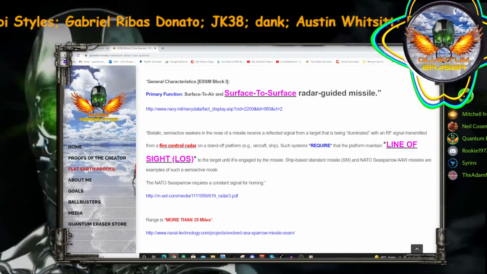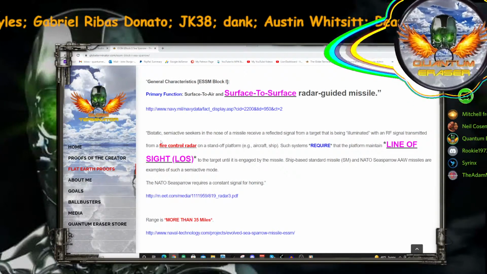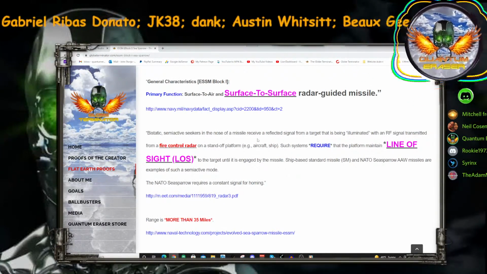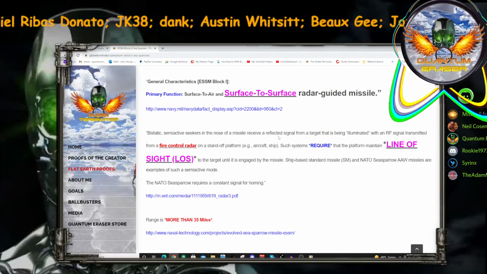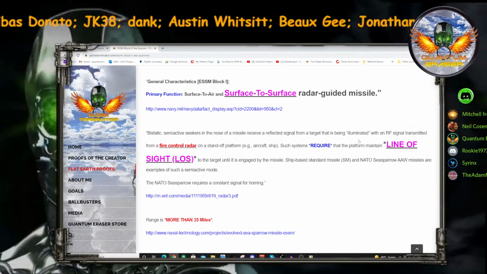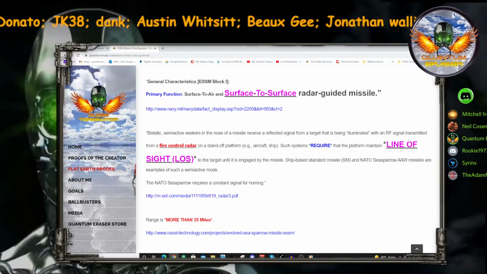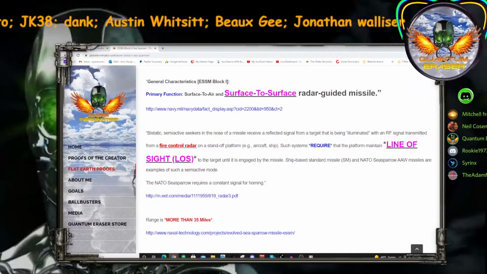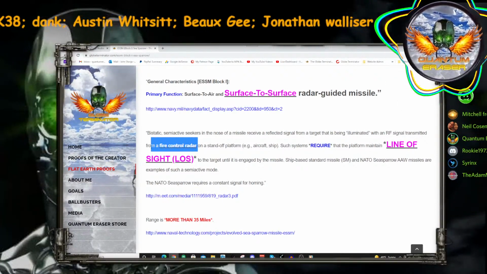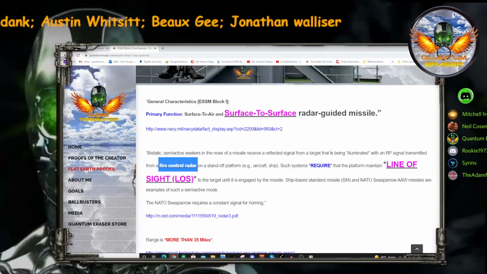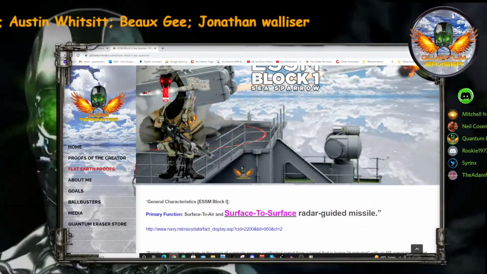Moving on, this is from meat.com. Bistatic semi-active seekers in the nose of a missile receive a reflected signal from a target that is being illuminated with an RF signal transmitted from a fire control radar. You see that? That's what I outlined before. Guess what those are?